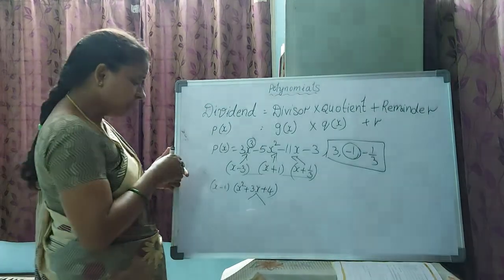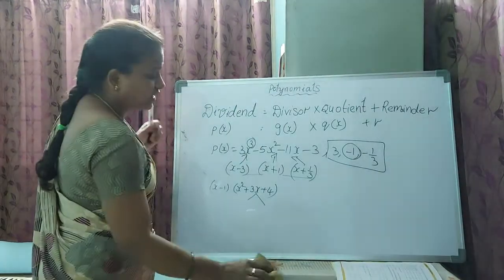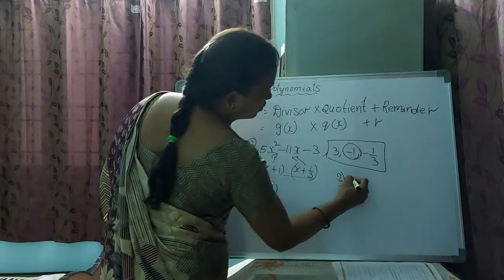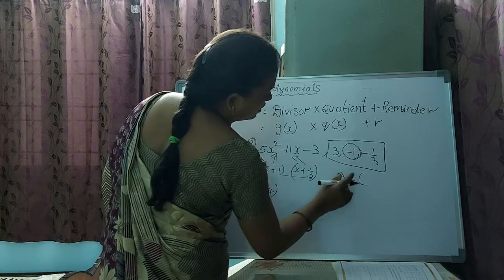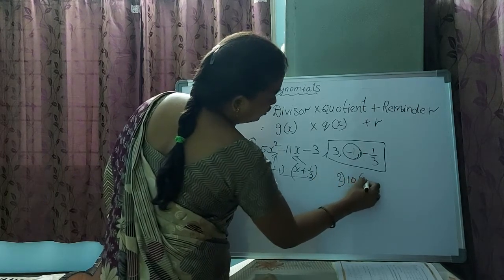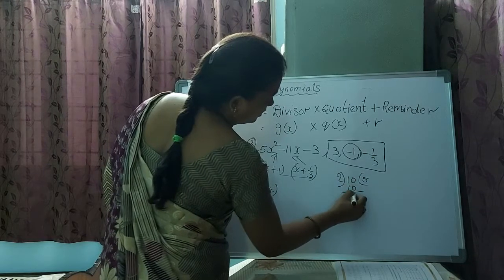Okay. Now, see how, in a normal example, if you divide 10 with 2, 2 5s are 10.